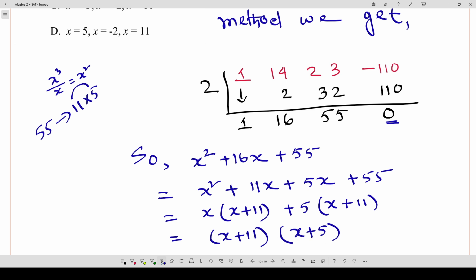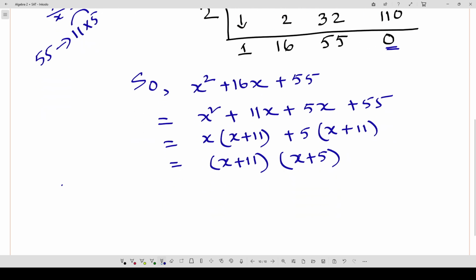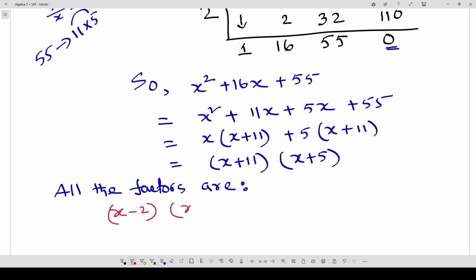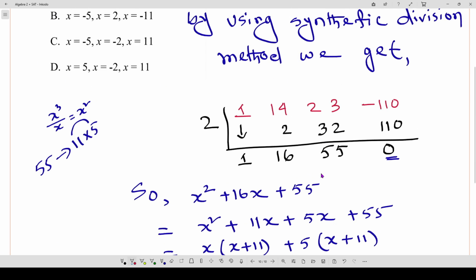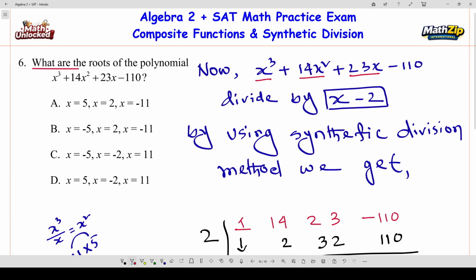Very simple. Then what can we do? So all the factors are first x minus 2, second x plus 11, and third x plus 5. Our target is to find the roots of the polynomial.